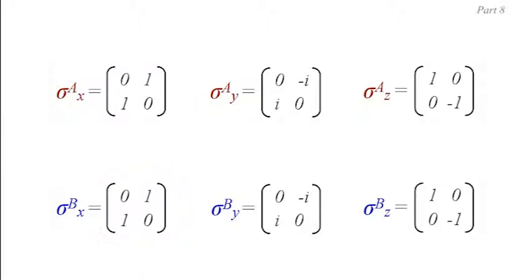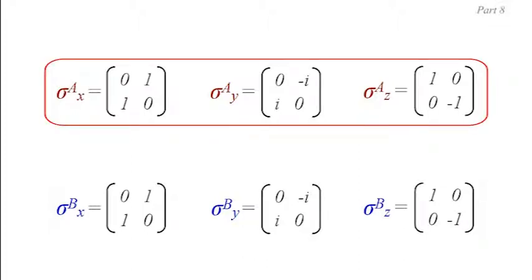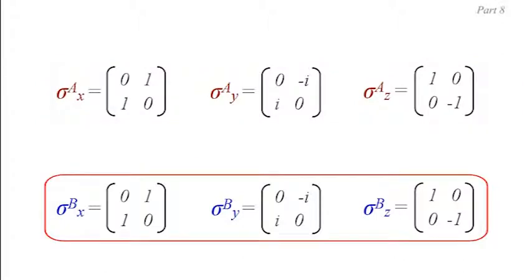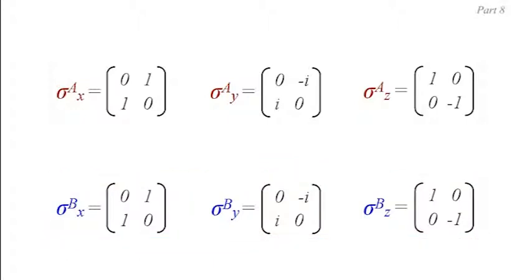But, and it's a very important but, when acting on a state in our four-dimensional Hilbert space, the A sigmas would only act on and do anything to the electron A, and the B sigmas would only act on and do anything to electron B. In that sense, we will not be delving into what any matrix multiplication of four-dimensional column vectors will look like. We don't need to. We know exactly what the various sigmas do to up and down.